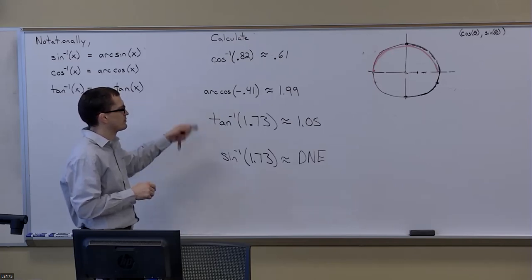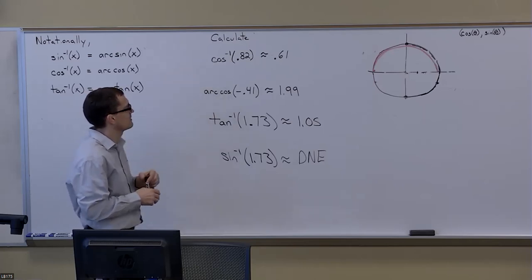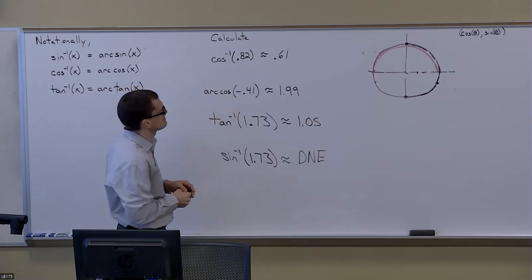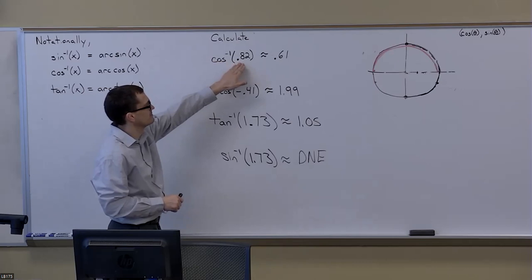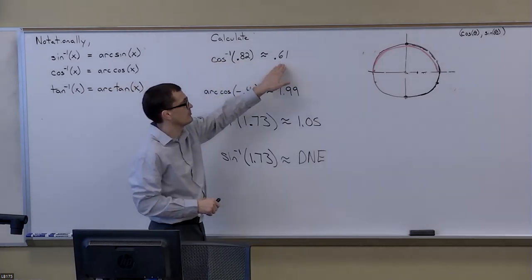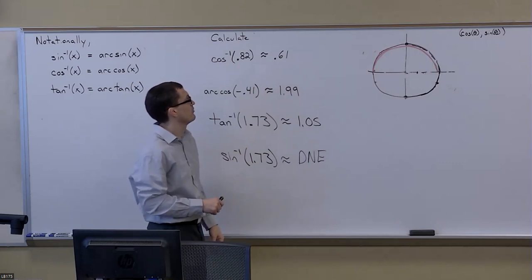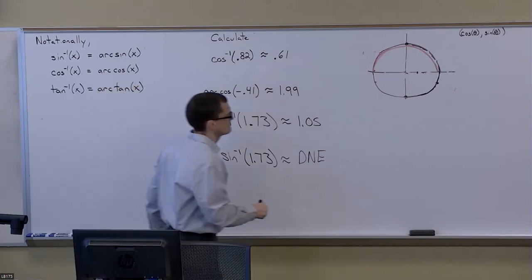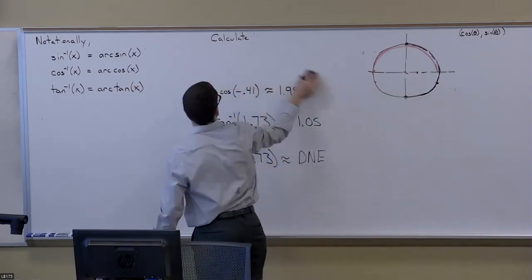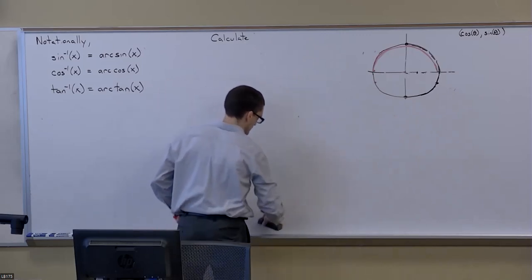And by the way, these are all just radians. So we're saying if the output of cosine is 0.82, what radians? This is 0.61 radians. There's a couple of questions on the homework that say something like, well, let me write this.